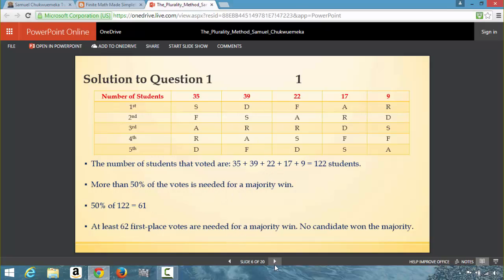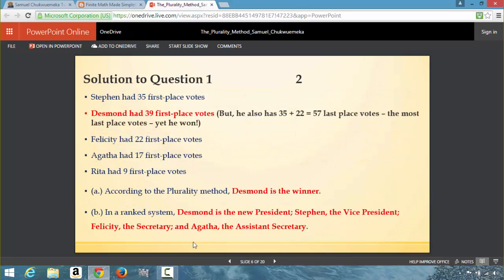You will see that it is possible that we will have different winners. Then you think about it, consider it, and tell me which method you think is fairer than the other and why. So it's like food for thought.